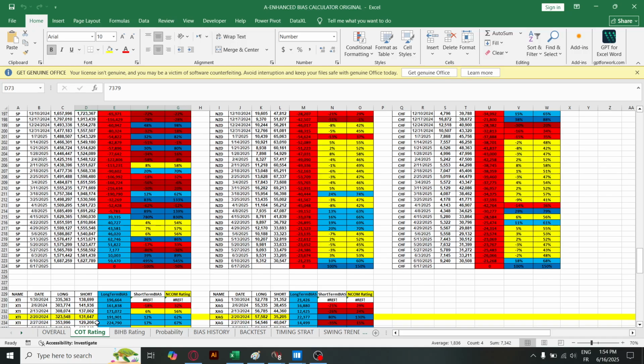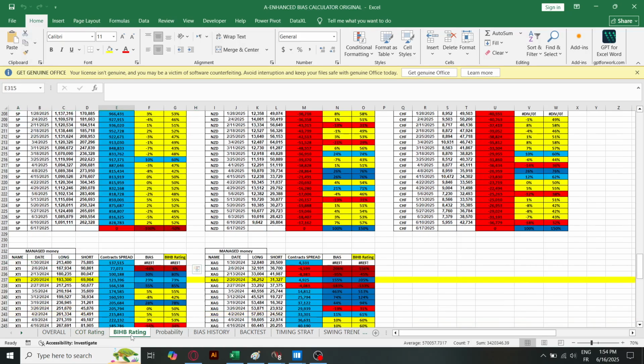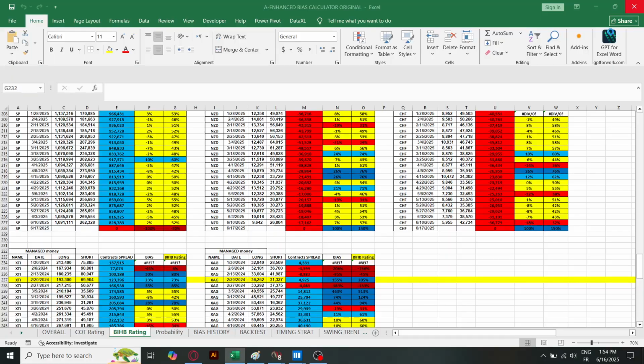If I come here, you can see the contracts increased so much, like 5 times. I mean the net contracts, and this is for the commercials, and for the asset managers there is only a 2% increase. So this is the first thing.